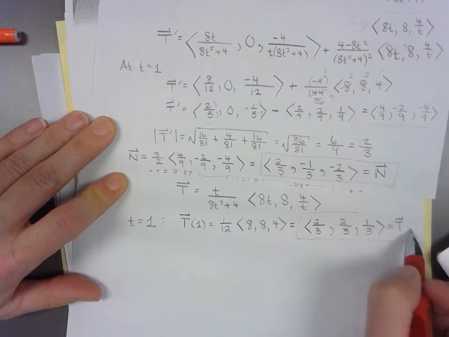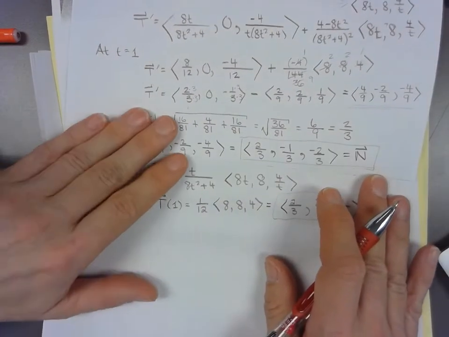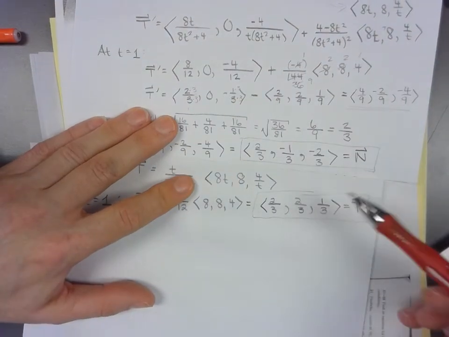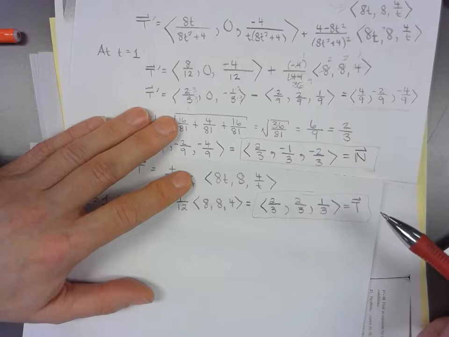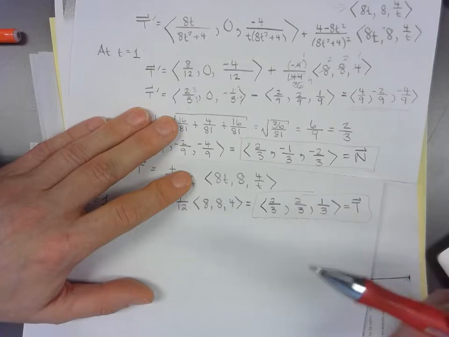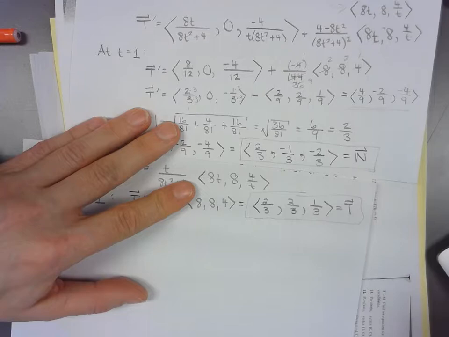I strongly suggest that before you try to find B, what is supposed to be the relationship between all three of these vectors, T, N, and B? They're all supposed to be perpendicular to one another. So before you go on to find B, make sure these two are perpendicular to each other. How do we do that? Dot product, right?